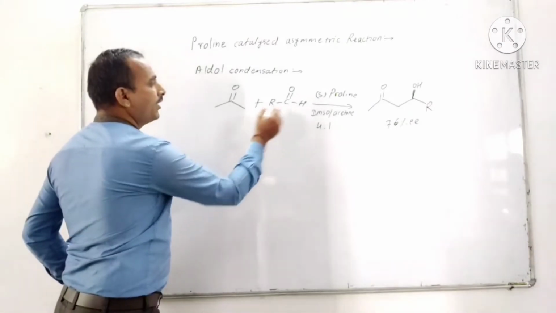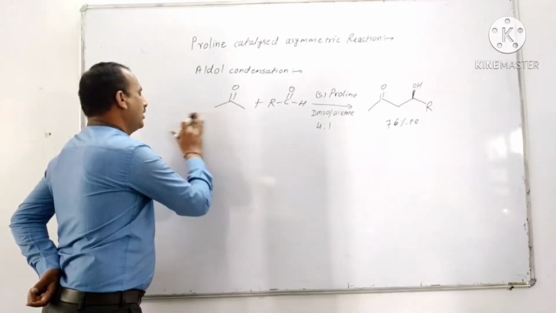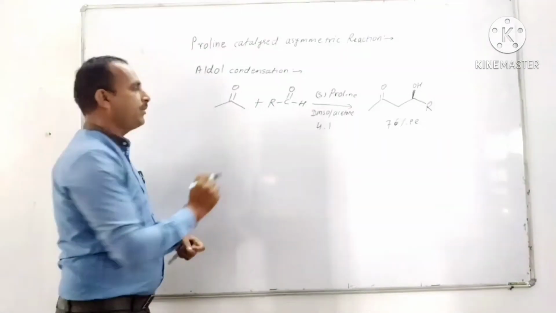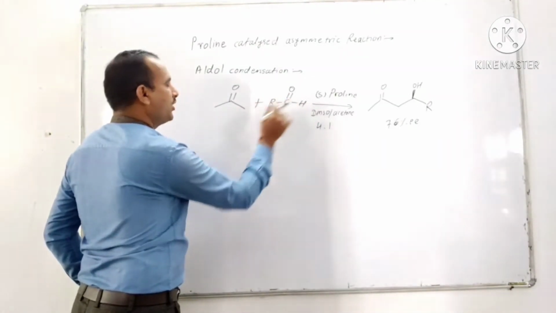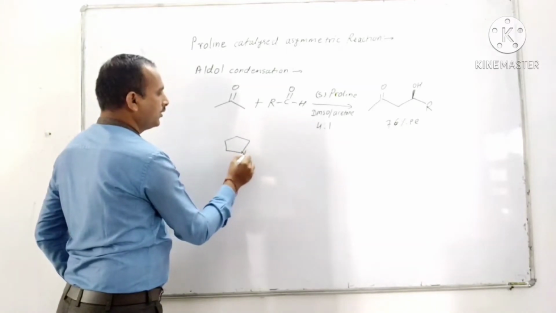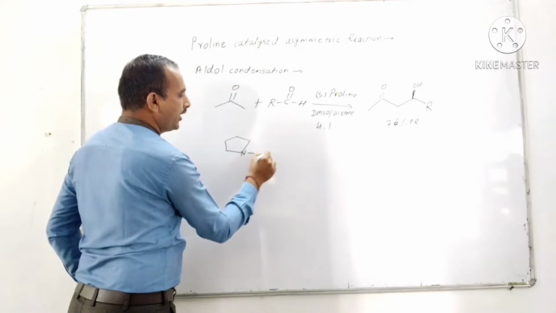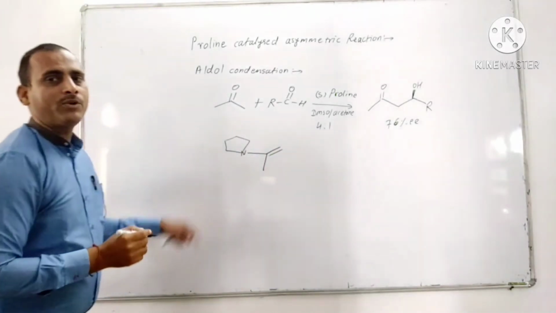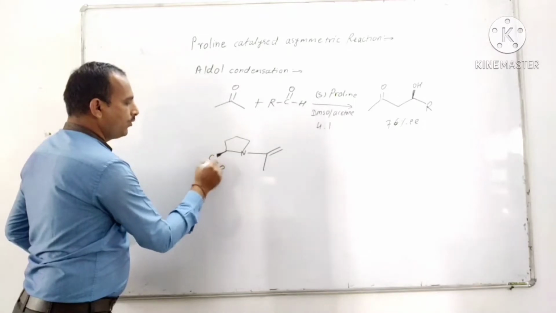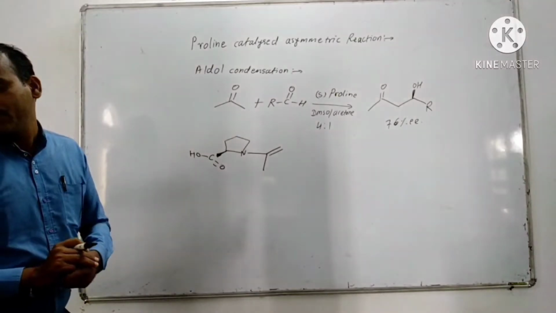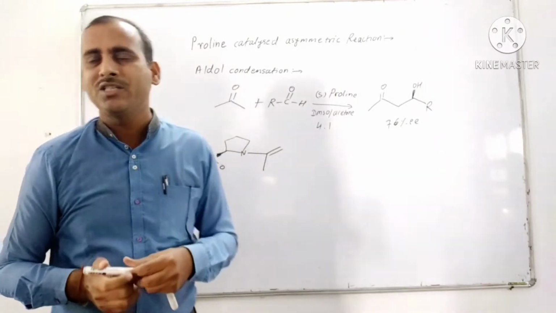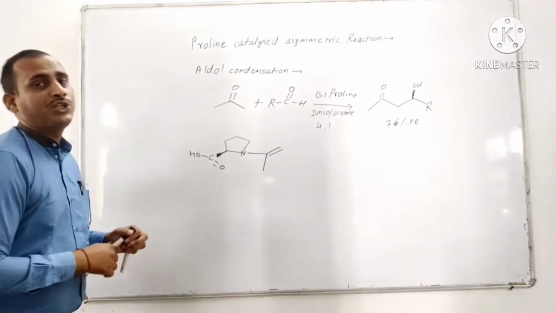Okay, so let's see how the product is obtained as the major product. S-proline forms the enamine. So the reaction occurs through the formation of an enamine of this ketone with S-proline, and this enamine reacts with the aldehyde through a 6-member transition state where the R group is present at the pseudo-equatorial position.